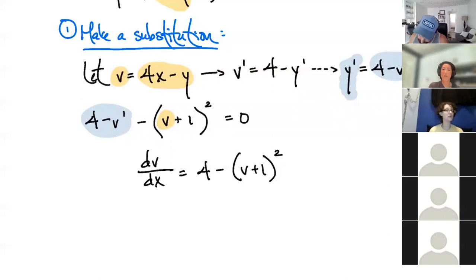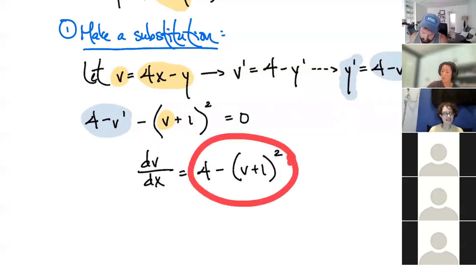And now, if we multiply both sides by dx and we divide both sides by this 4 minus (v plus 1) squared, let's see what happens.